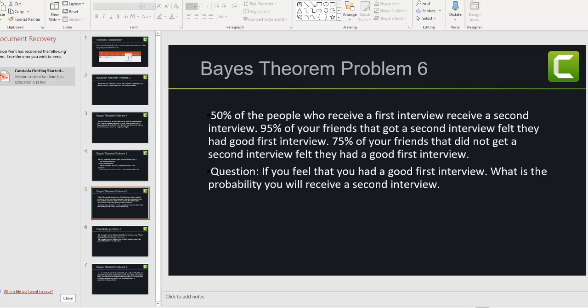And 90% of your friends that got a second interview felt they had a good first interview, whereas 70% of your friends that did not get a second interview felt they got a good first interview. The question is, if you feel that you had a good first interview, what is the probability that you receive a second interview?